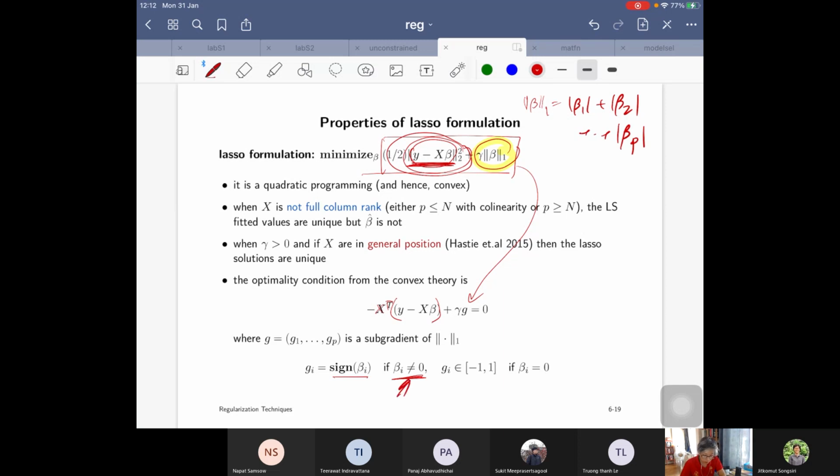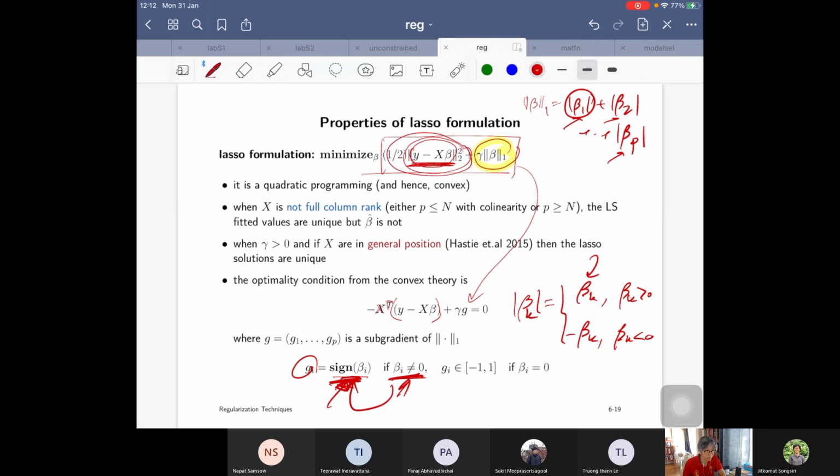So whenever beta is non-zero, if you take the gradient with respect to each variable, it gives you the sign. The absolute value of a component is equal to beta k when beta k is positive, and equal to minus beta k when beta k is negative. So when beta is non-zero, the gradient is either 1 or minus 1. That's why in this first case, the subgradient is the sign.